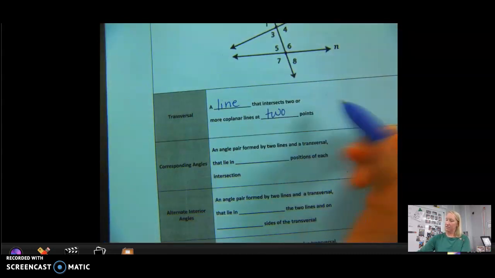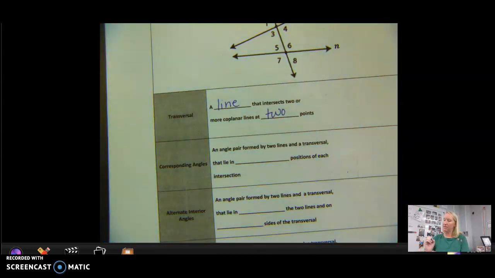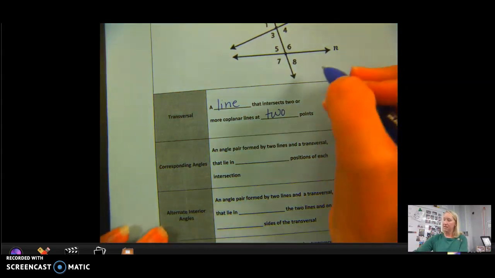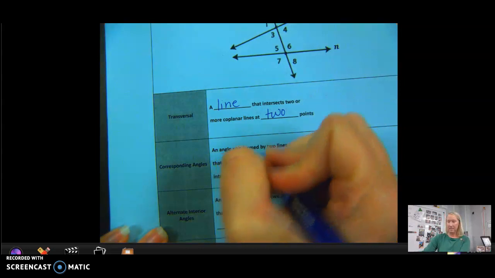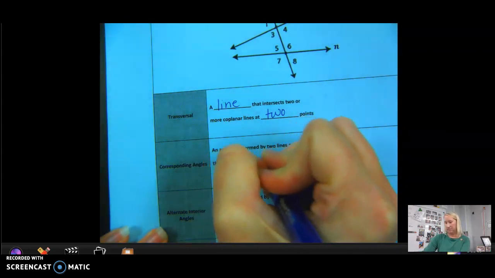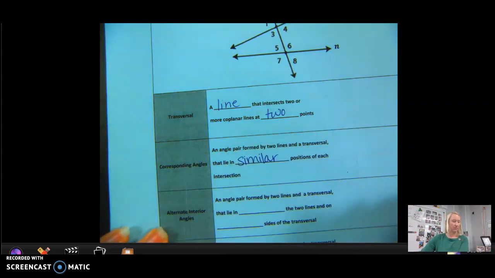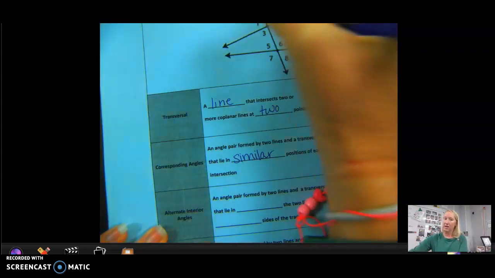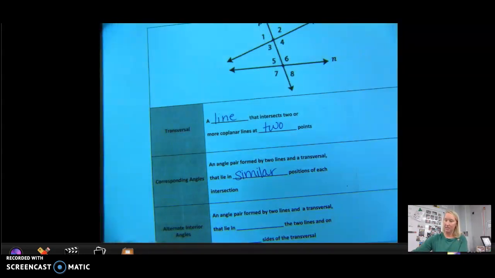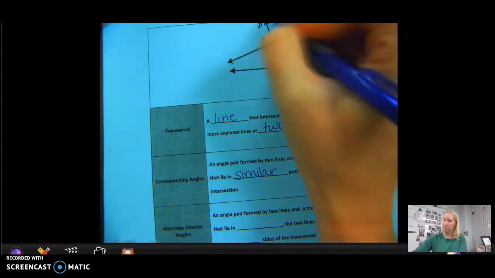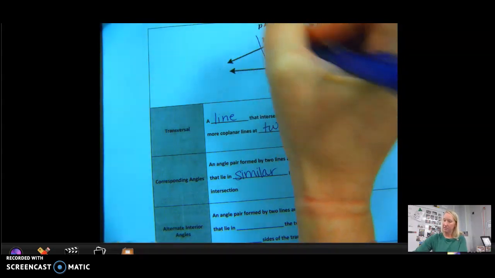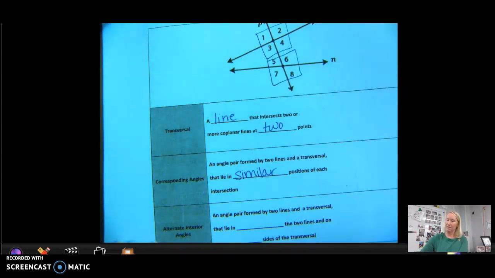Corresponding angles. So an angle pair formed by two lines and a transversal that lie in similar positions of each intersection. So what I like to do, or how I like to think of this, is here are my two lines, here's my transversal. I like to think of this as a box, and this is another box.